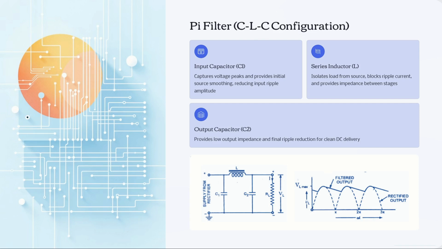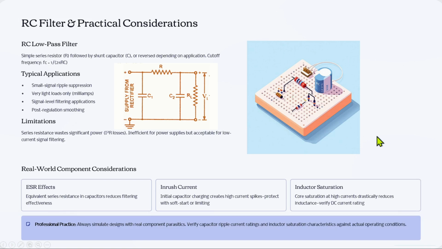So in order to get rid of that, we have the option of RC filters. Finally, when the cost must be low or the load current is very small, then we use these RC filters. Resistor plus capacitor is simple and inexpensive. Not as efficient as LC filters, but excellent for small signal circuits.